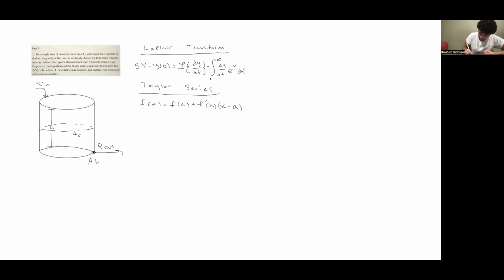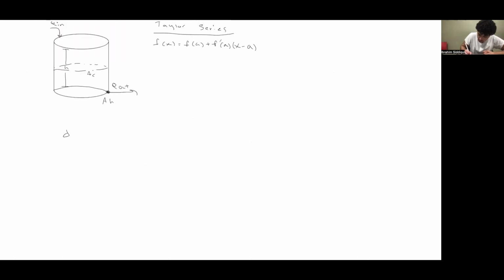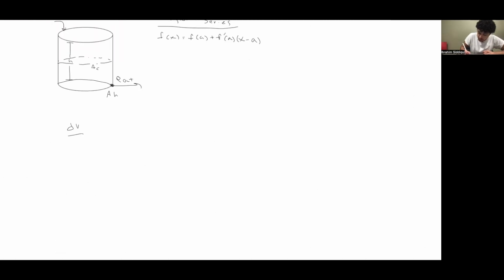So let's go ahead and start with that. The change of volume over the change of height is essentially going to be equal to the cross-sectional area of our tank times the change of height over change of time. This is also going to be equal to Q in minus Q out.